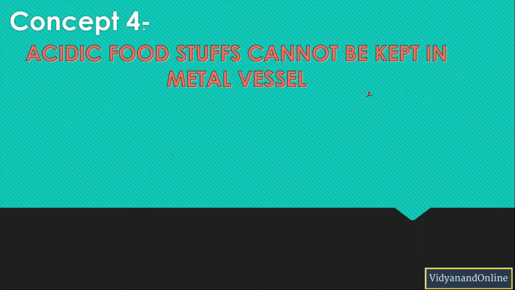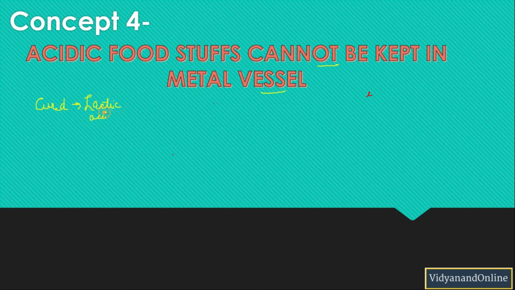Now here's concept 4, which is related to this concept, which states that acidic foodstuff cannot be kept in metal vessels. Have you seen that your mother never keeps curd in bronze, brass or copper vessels? Have you wondered why? This is because curd contains lactic acid. Okay, we all know about this.